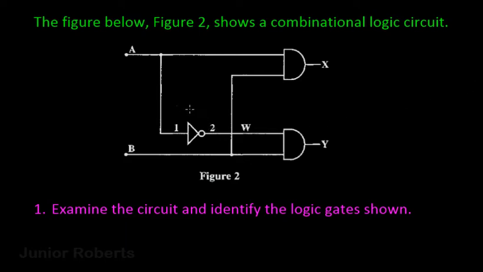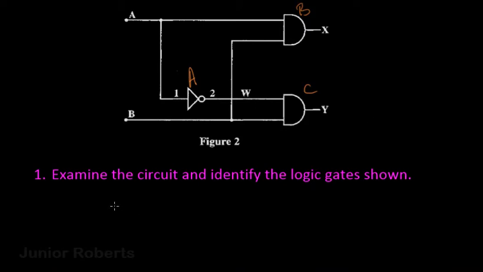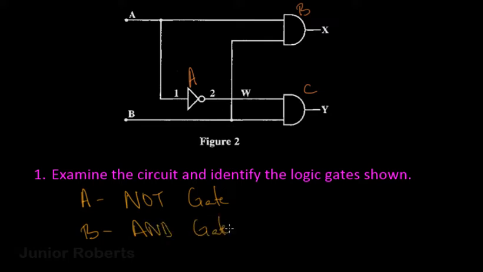I can say this is labeled A, this is B, and this is logic gate C. Now to list the names: logic gate A is my NOT gate, logic gate B is my AND gate, and logic gate C is another AND gate.